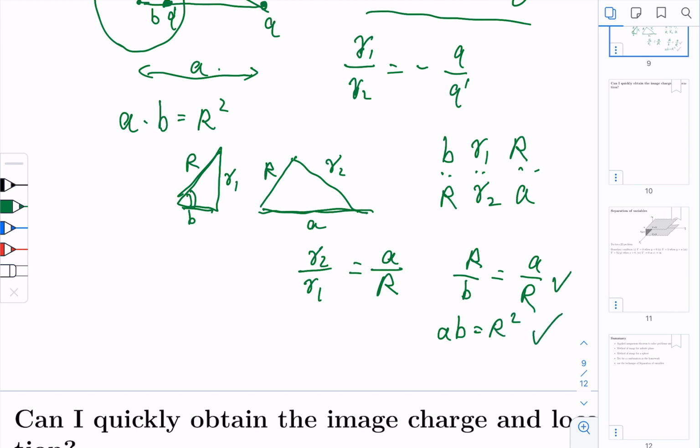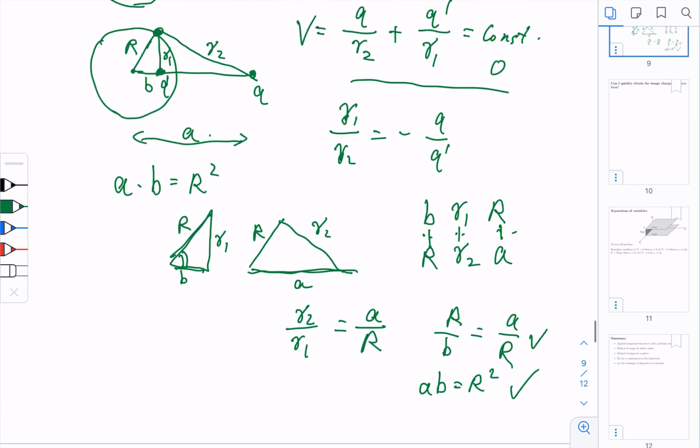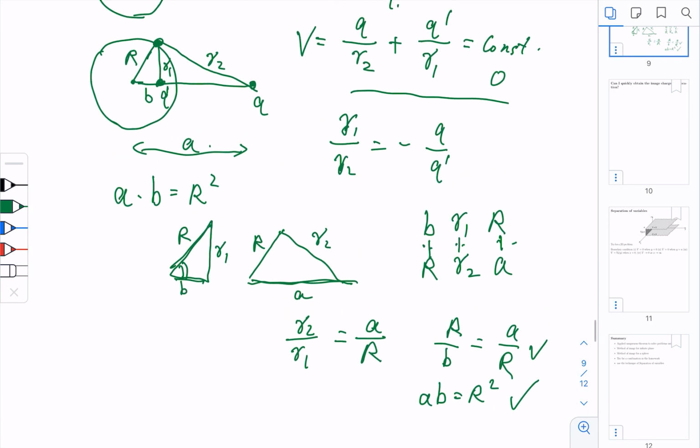Now this means that if we set AB equal to R squared, then these two will always have the same constant ratio, and because the angle is the same, this is a similar triangle, then gamma 1 and gamma 2 should also always be a constant ratio, that is A over R. And if that's the case, then V here should always be 0.